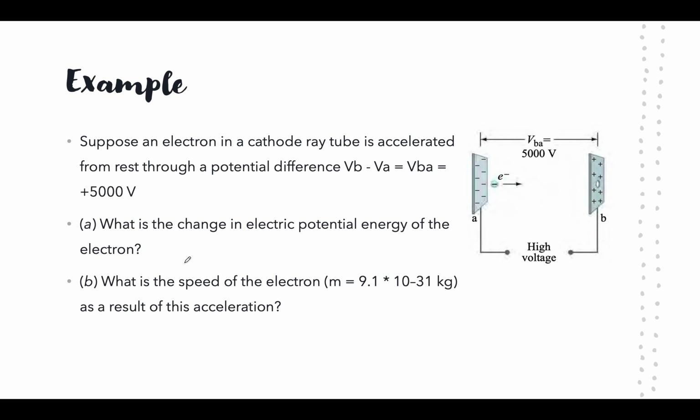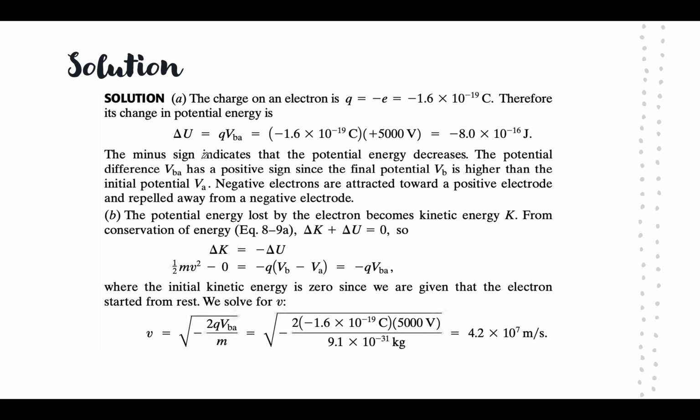All right, welcome back. So let's look at how our textbook solved this example. The first question is asking for the change in potential energy. Now we know that voltage or potential is defined as potential energy per unit charge.